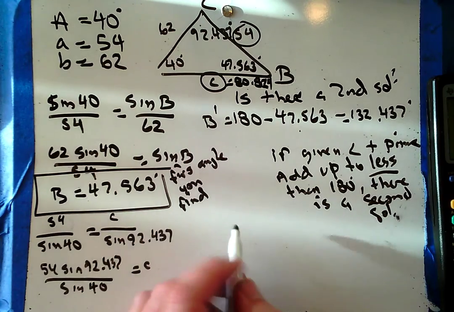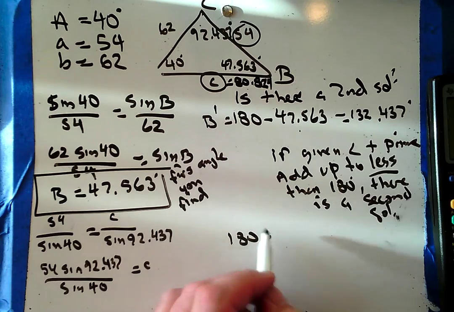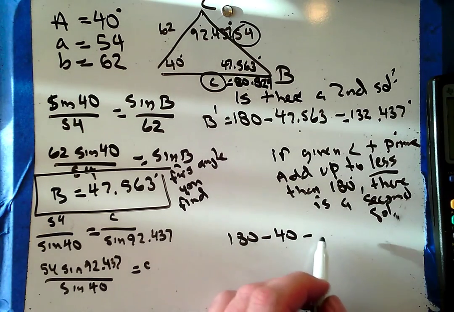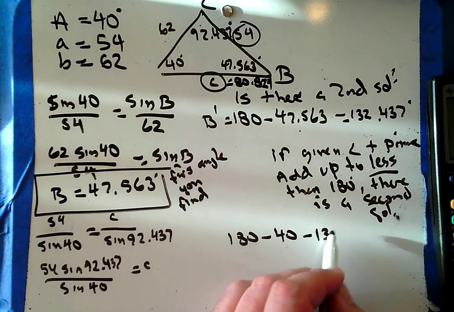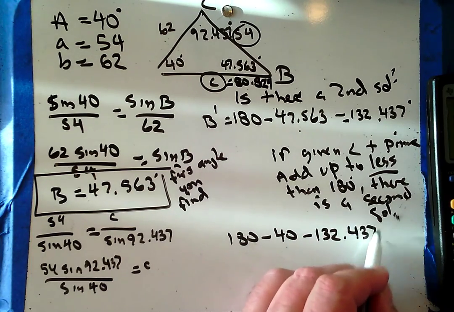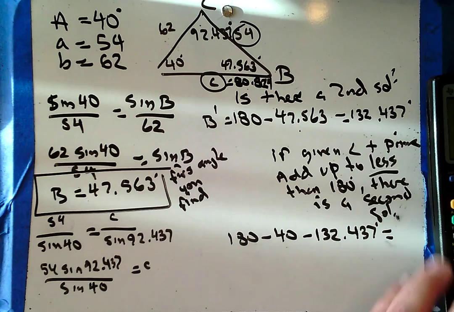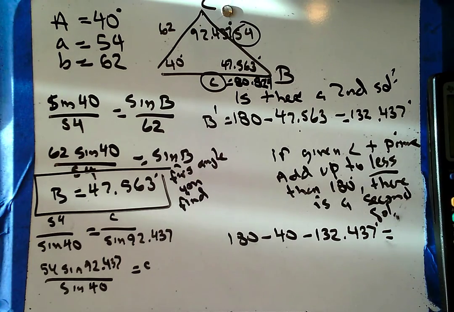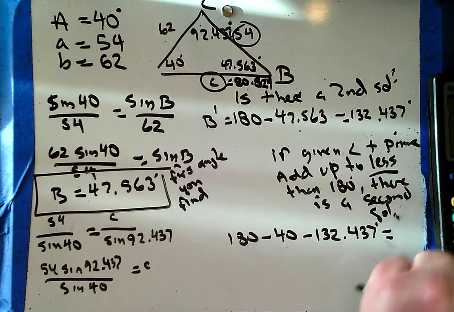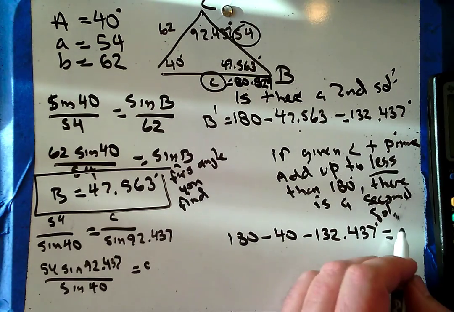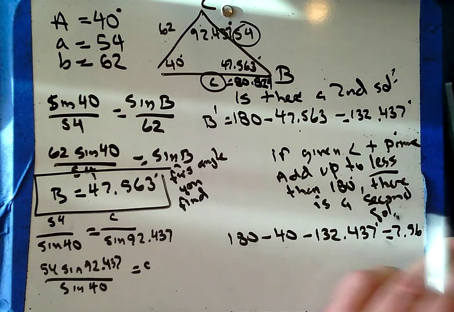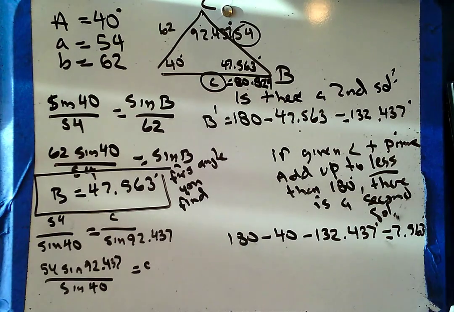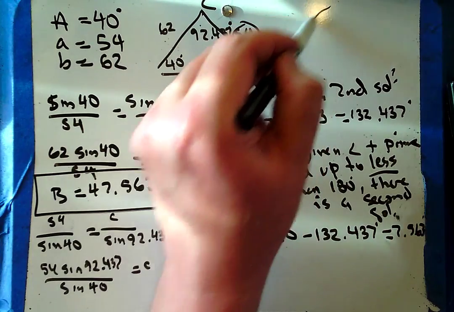So let's check that. 180 minus the given angle minus this prime angle that we just found, 132.437, is there room for a third angle? And so I get 180 minus the given 40 minus this 132.437. I get 7.563 degrees. So there is going to be a second solution.